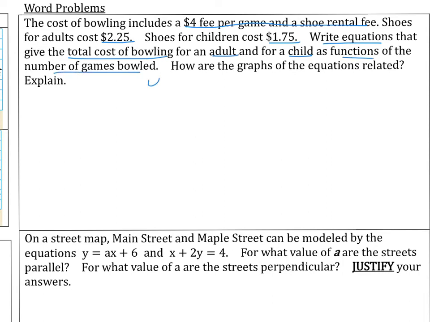So I'm still going to use y equals mx plus b as my strategy in setting up two equations here, one for adults, one for a child. Because of this sentence, I know total cost will be my y, and x will be the number of games bowled.